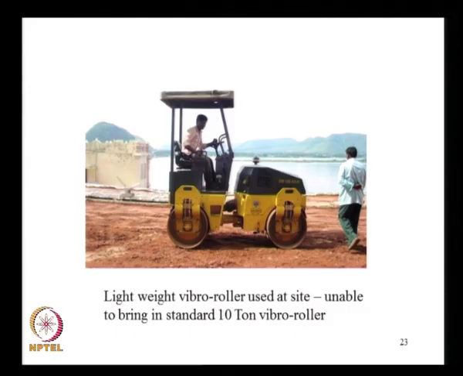So it had to be constantly monitored, and the number of passes that we give with this small roller is much higher compared to a heavy roller. This is the best that could be done at this place because there is no other access.